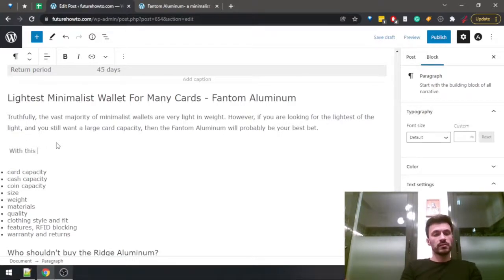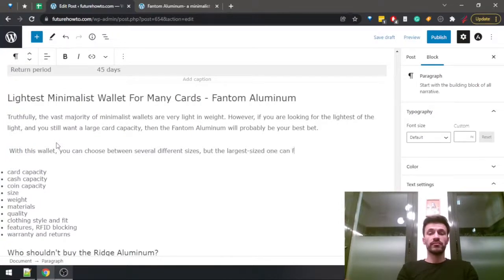With this wallet, you can choose between several different sizes, but the largest size can fit up to 13 cards.